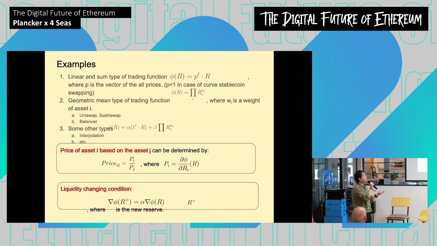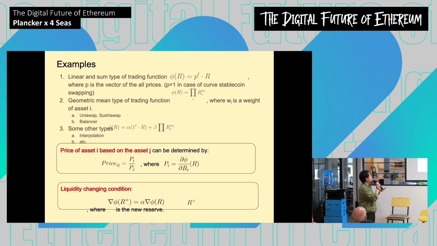So this is kind of setting up a good notation for mathematicians to work on and develop more suitable equations. And when the liquidity changes, it can be written. The liquidity change here just means you are adding an asset or withdrawing an asset.